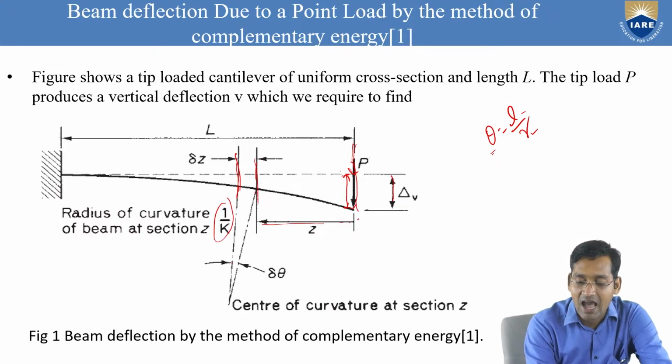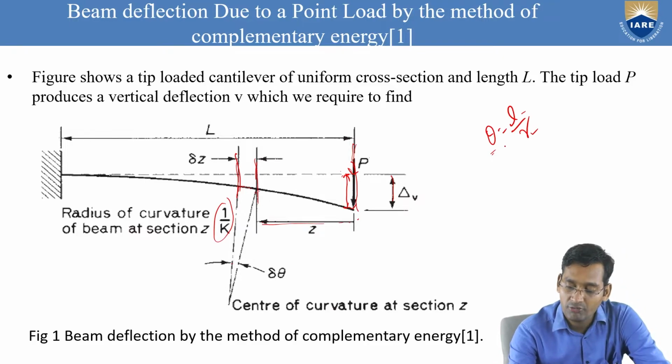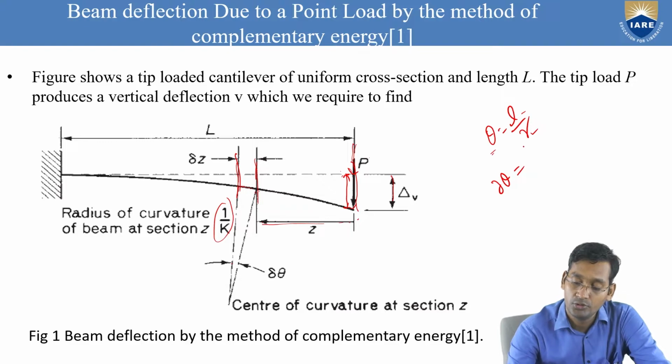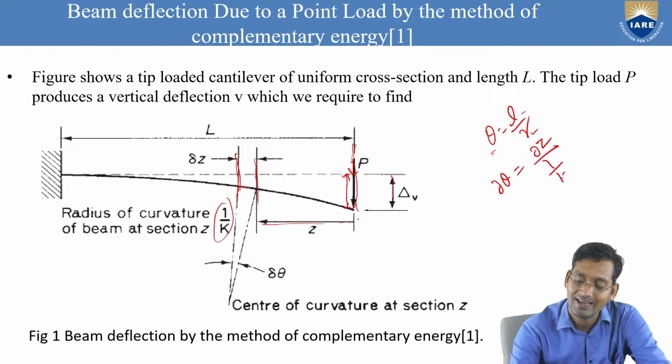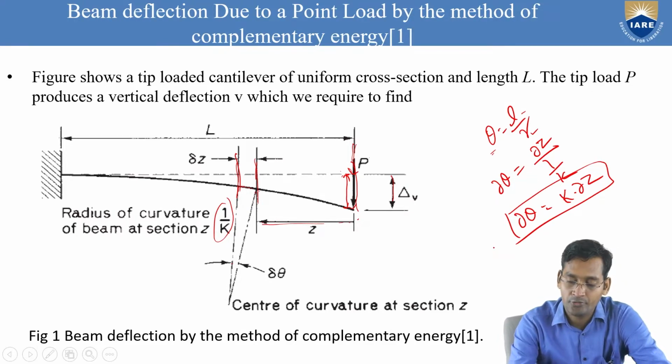And the arc length is dou Z. So if we put it all in, R is 1 by k, so dou theta equals dou L by R, which is dou Z by 1 by k. So dou theta equals k dou Z. We will use this later, from the theta equals L by R formula.